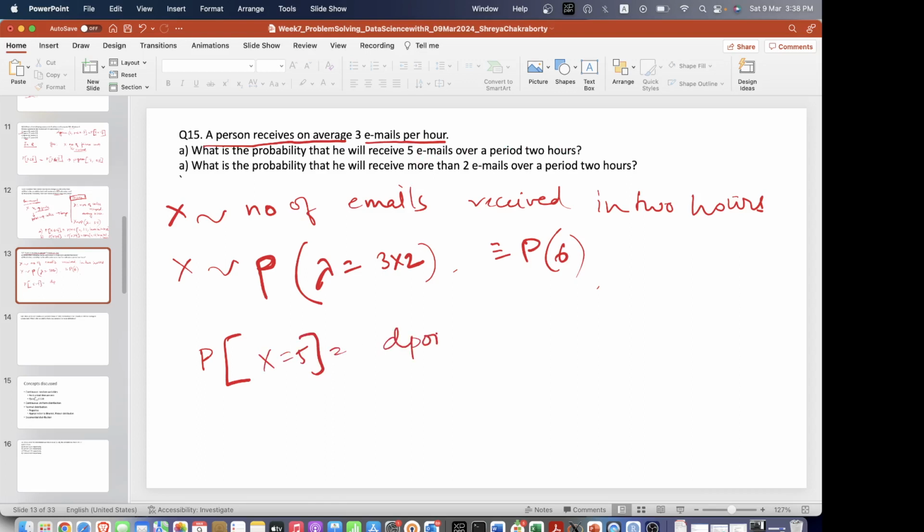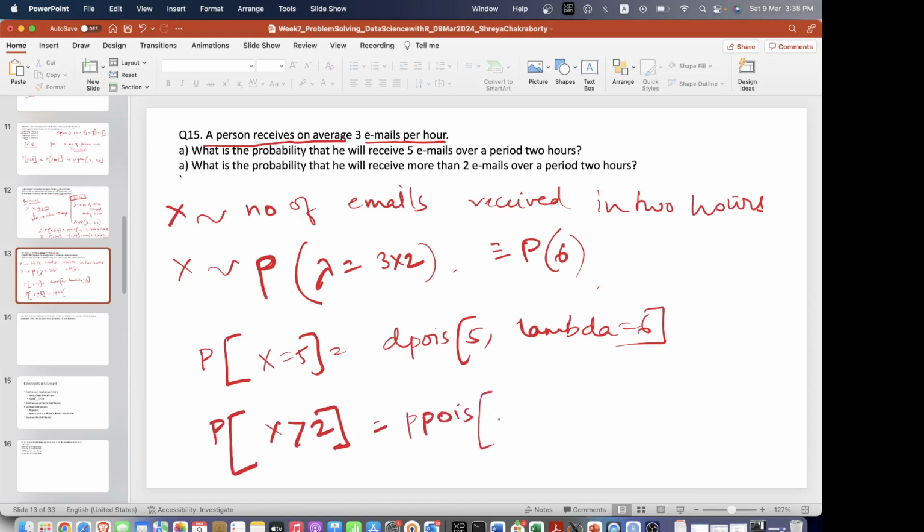For this we'll write dpois(5, lambda = 6). And the probability he'll receive more than 2 emails, X greater than 2, would be ppois(2, lambda = 6), and the most important thing is lower.tail = FALSE.